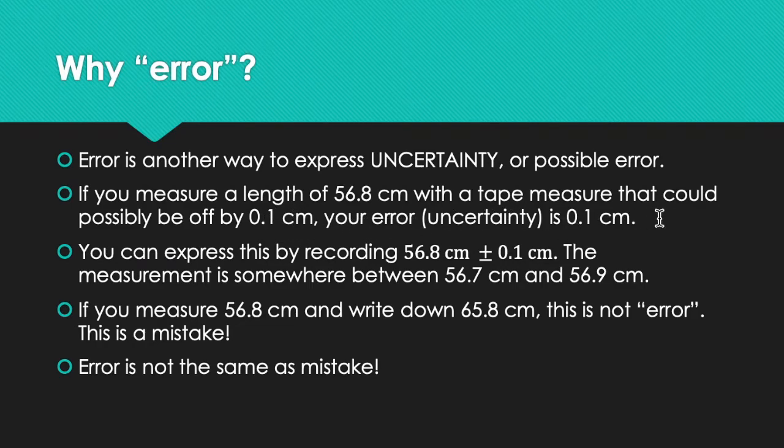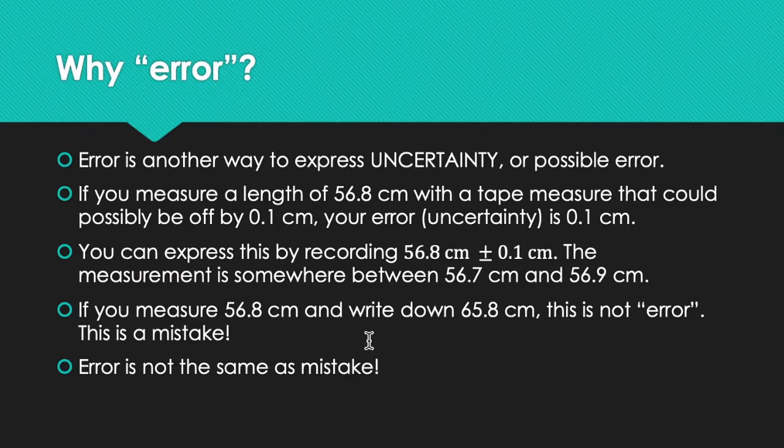So your error or your uncertainty is 0.1 centimeter. That doesn't mean that you are 0.1 centimeters off. It means that you are within 0.1 centimeter of the measurement. If you wanted to indicate that, you can say that this length is 56.8 centimeters plus or minus 0.1 centimeters. So you're telling people that you took this measurement and you believe it's between 56.7 and 56.9 centimeters.